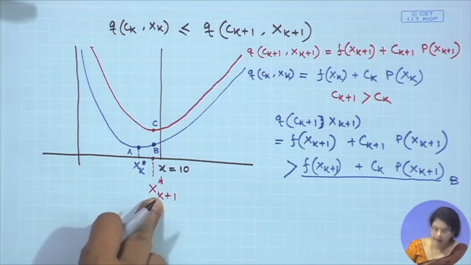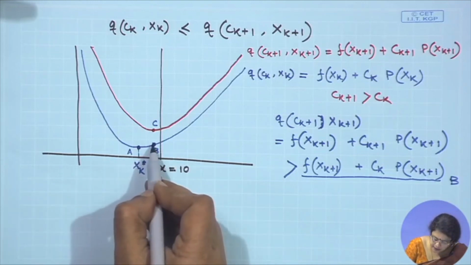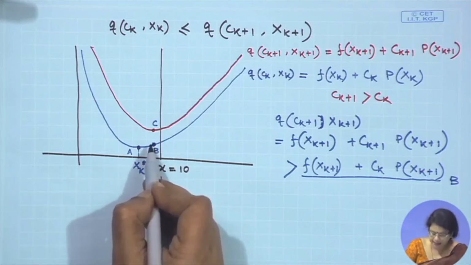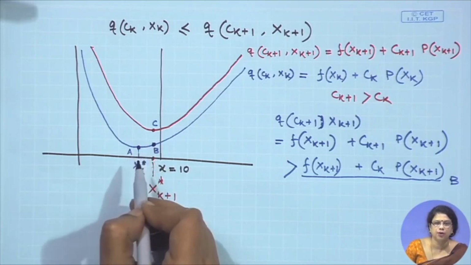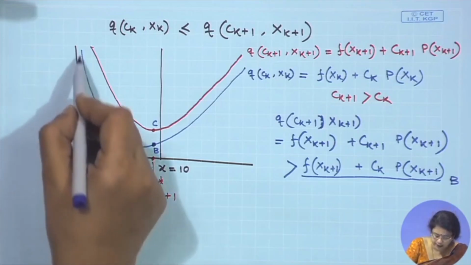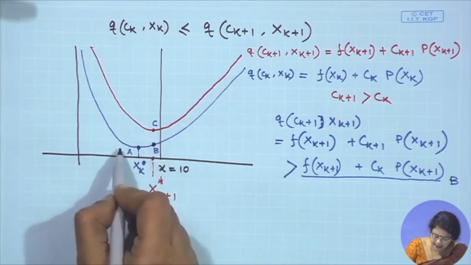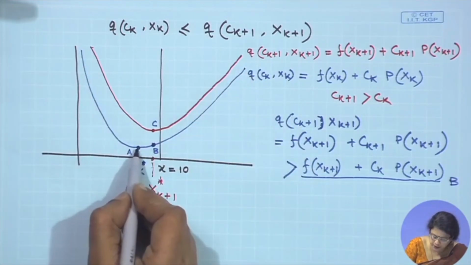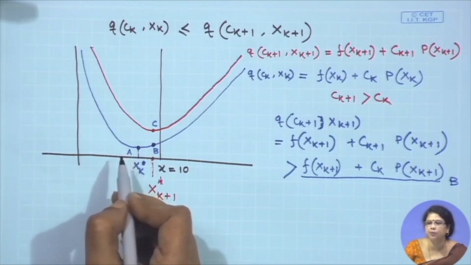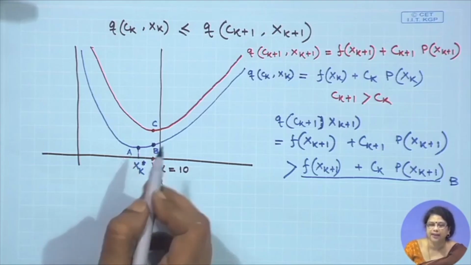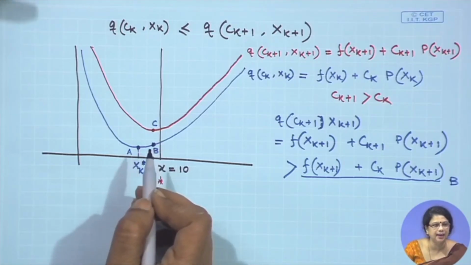Am I clear? Now, what you see, this B value, the functional value is higher than the A value, is it not? Okay? Because this is the curve and this curve is giving the optimal solution at A. That is why any point other than A would be a higher value than A. That is why B is higher than A. Okay?